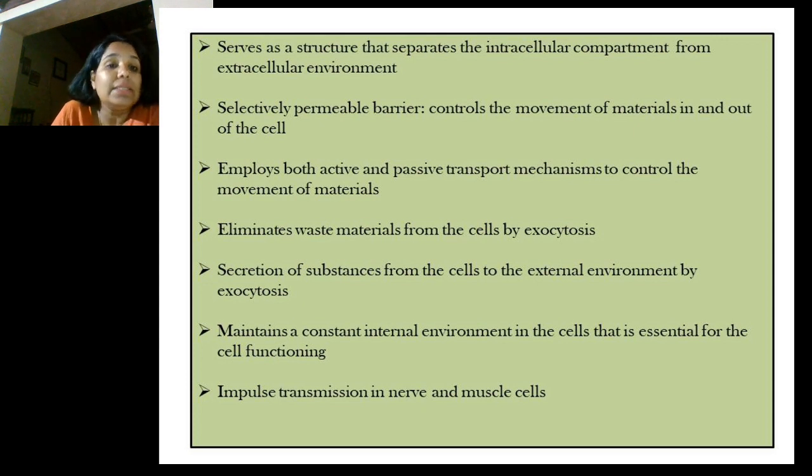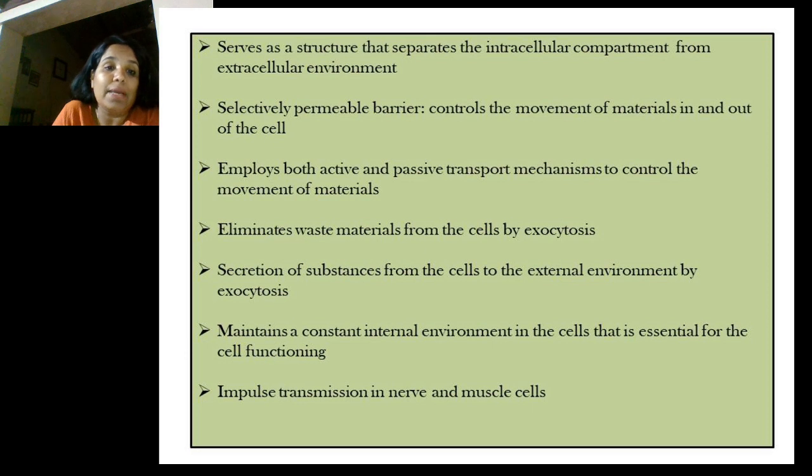We know that certain cells produce or secrete materials like protein, etc. For example, hormone is a secretory product. These products are also given out of the cell by exocytosis. This is again a function of plasma membrane. So all these are very much essential for maintaining the constant internal environment of the cell.